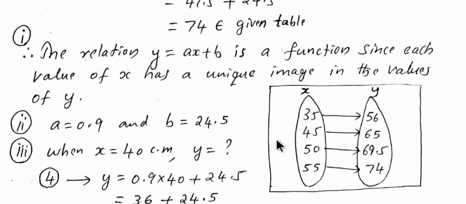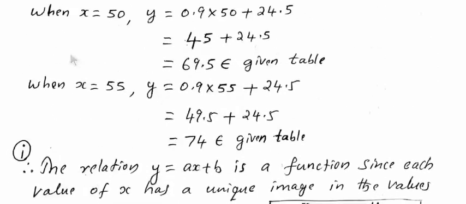Each value of x has a unique image in the values of y. That means all elements have an arrow mark to the second set, and a unique image or unique relation. Therefore, we can say the given equation y is equal to ax plus b is a function since each value of x has a unique image in the values of y.